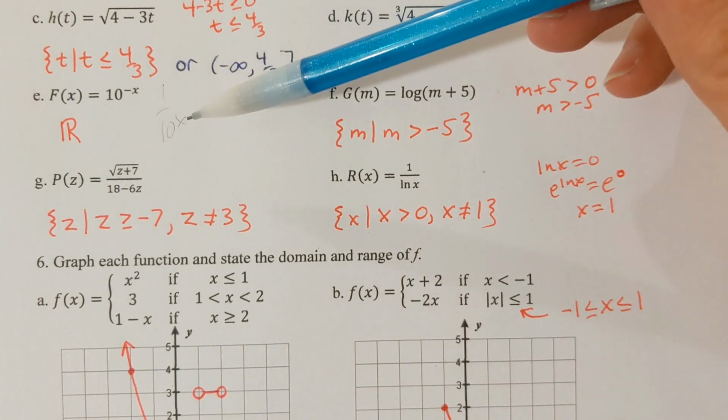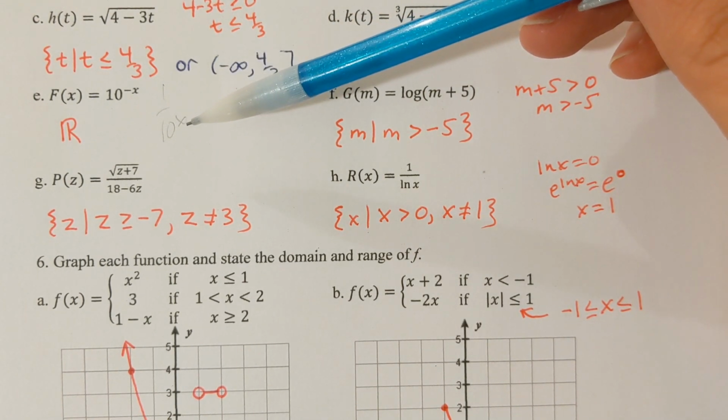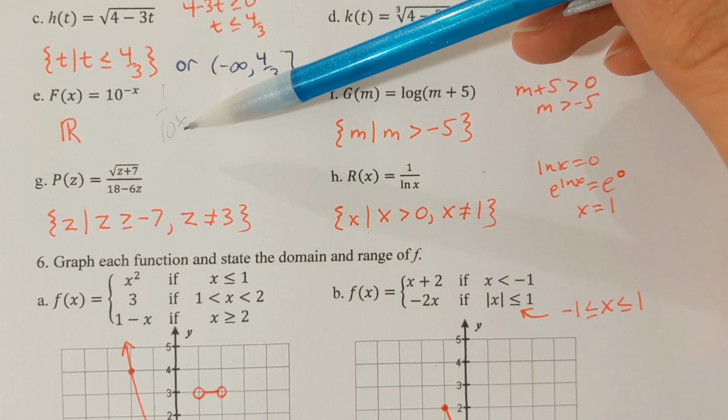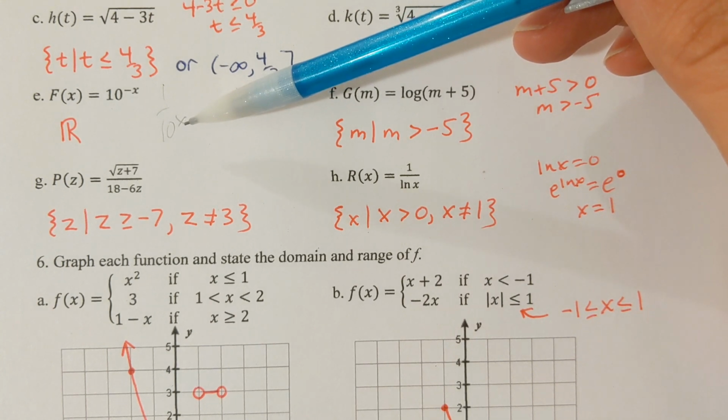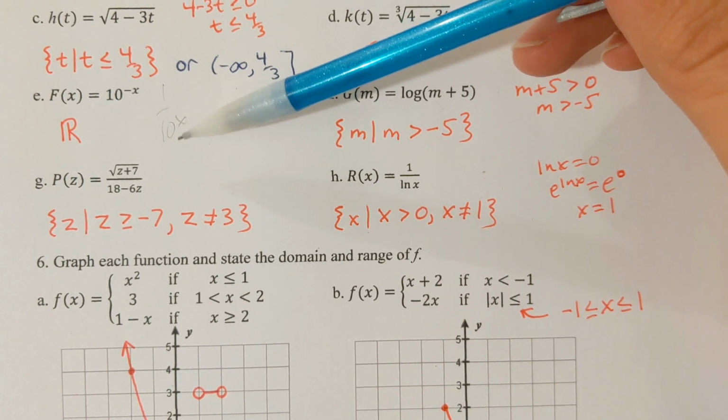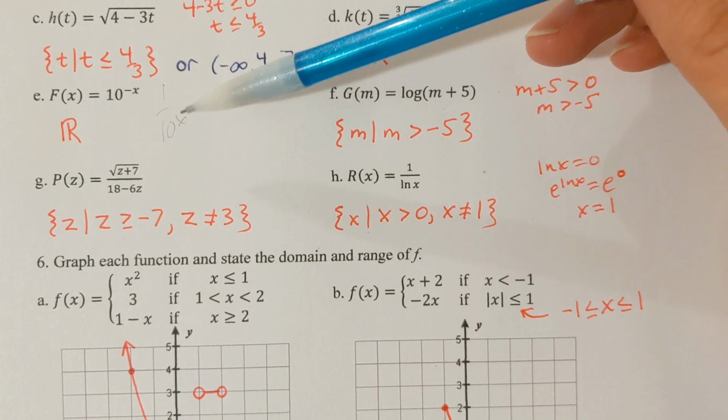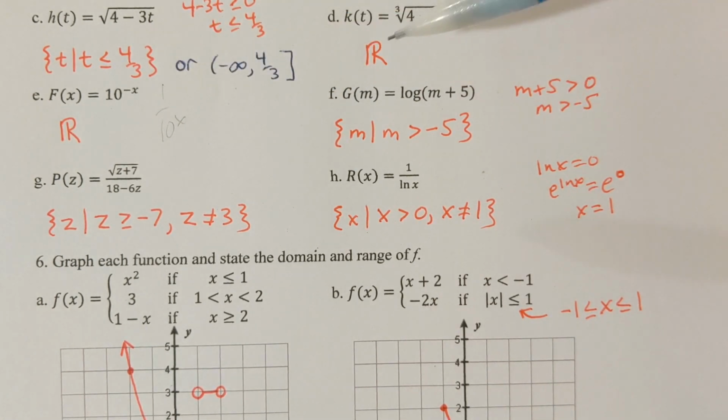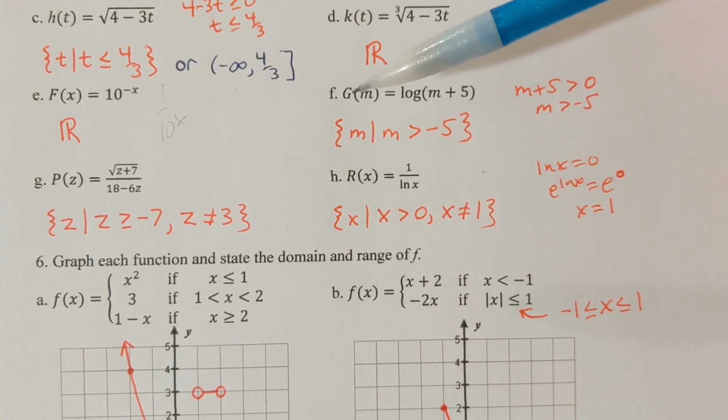Well, x could be positive, negative, 0, doesn't matter. Anything with the 0 power is 1, right? If x is positive or negative, you're not going to get 0 down under, and that's the only thing that we care about. So all real numbers would be okay to use there for x.